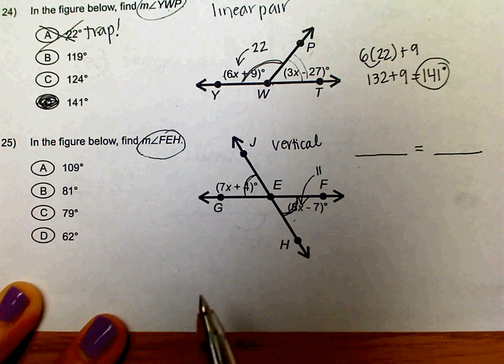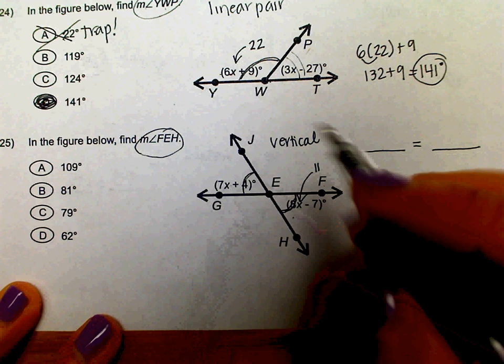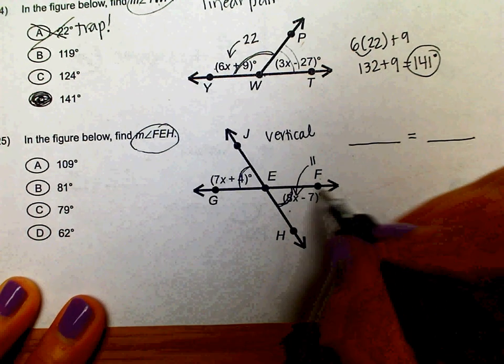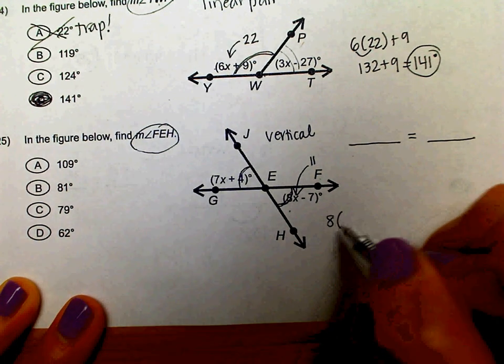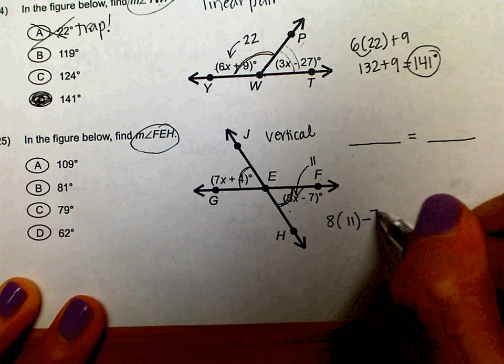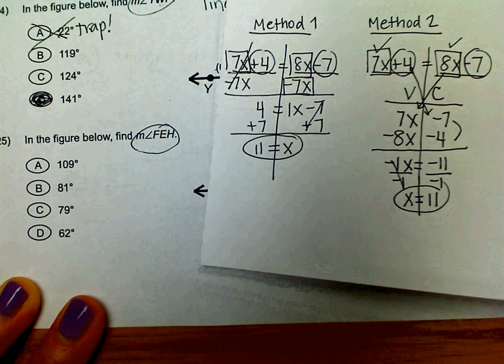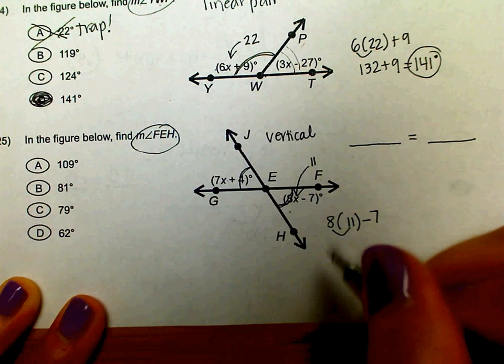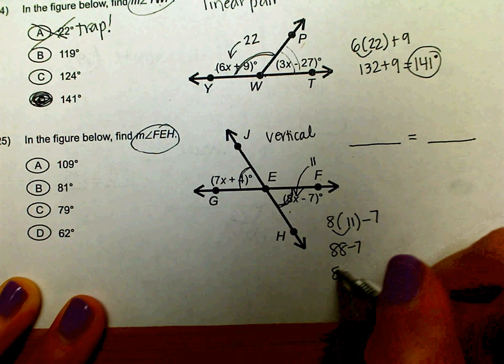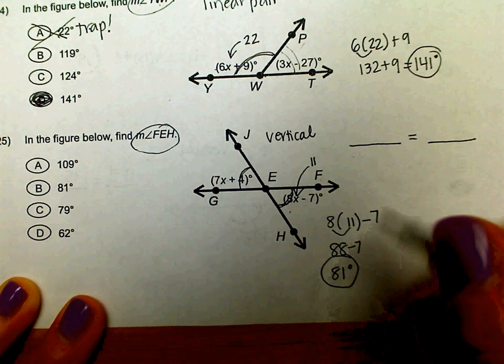So we're going to plug it into this one since it asked for that one. So 8 times 11 minus 7, because the 11 came from the work that we did earlier. Multiply first, 88 minus 7, looks like that's going to be an 81-degree angle, slightly acute, and that is our answer.